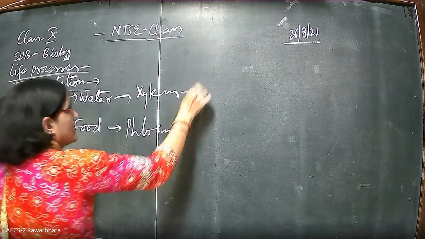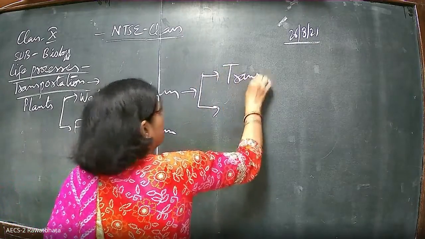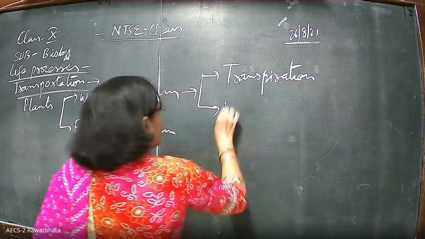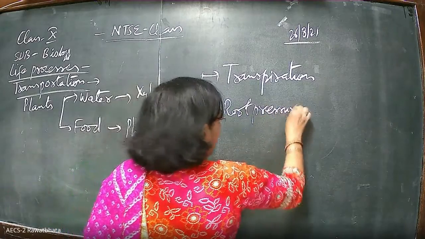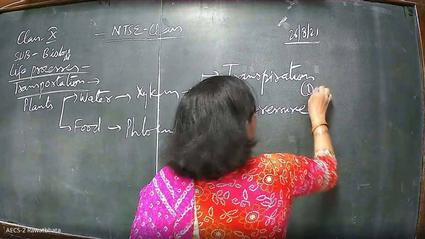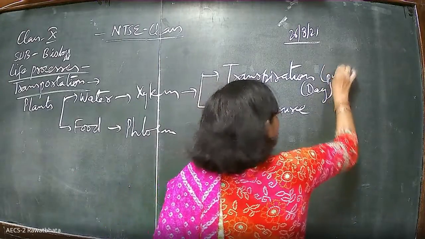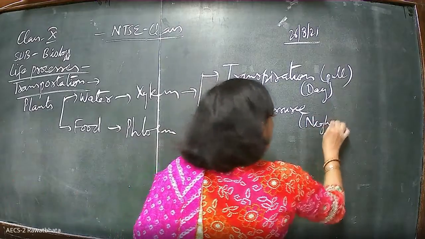Here the transportation happens with the help of transpiration and root pressure. Transpiration pull specifically helps during the daytime, and root pressure, of course, at night.